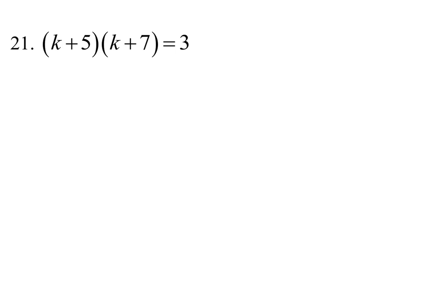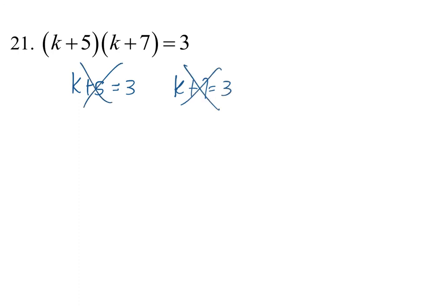Number 21 is not set equal to 0. But before you go moving that 3 over, before you go moving anything over, each side has to be simplified. And k plus 5 and k plus 7 are not simplified. They are factors. And some of you may be wanting to do k plus 5 equals 3 and k plus 7 equals 3.